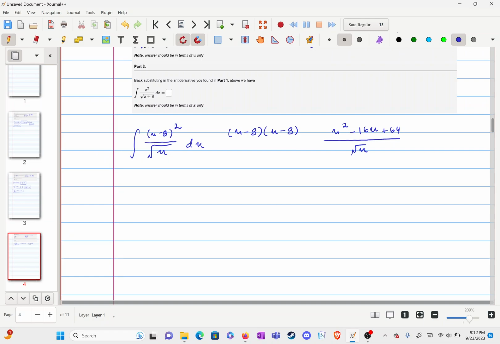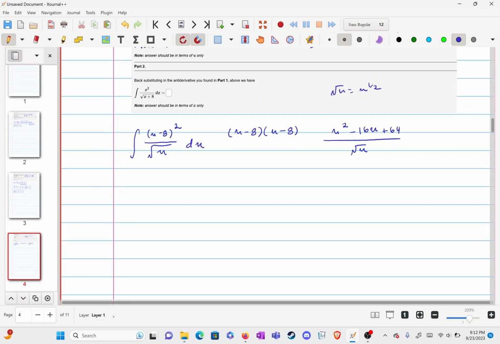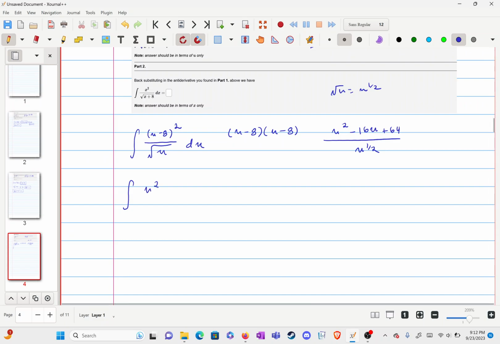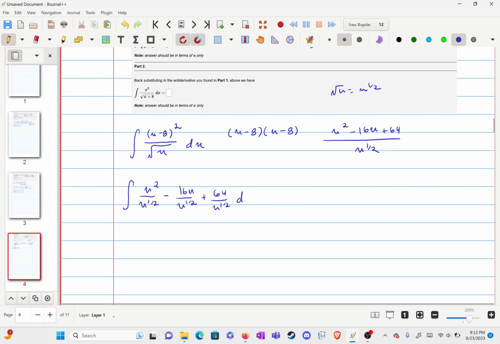And I like to write my square root of u's as u to the 1/2. Now I'm going to split up the integral, or split up the fraction per se. And we're going to have the integral of u squared over u to the 1/2, minus 16u over u to the 1/2, plus 64 over u to the 1/2, du.